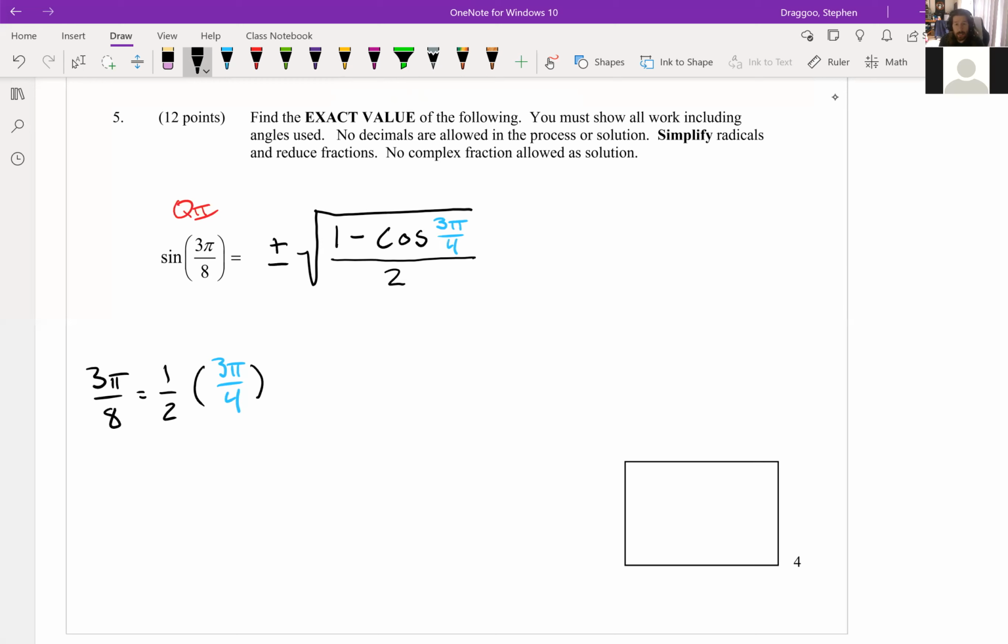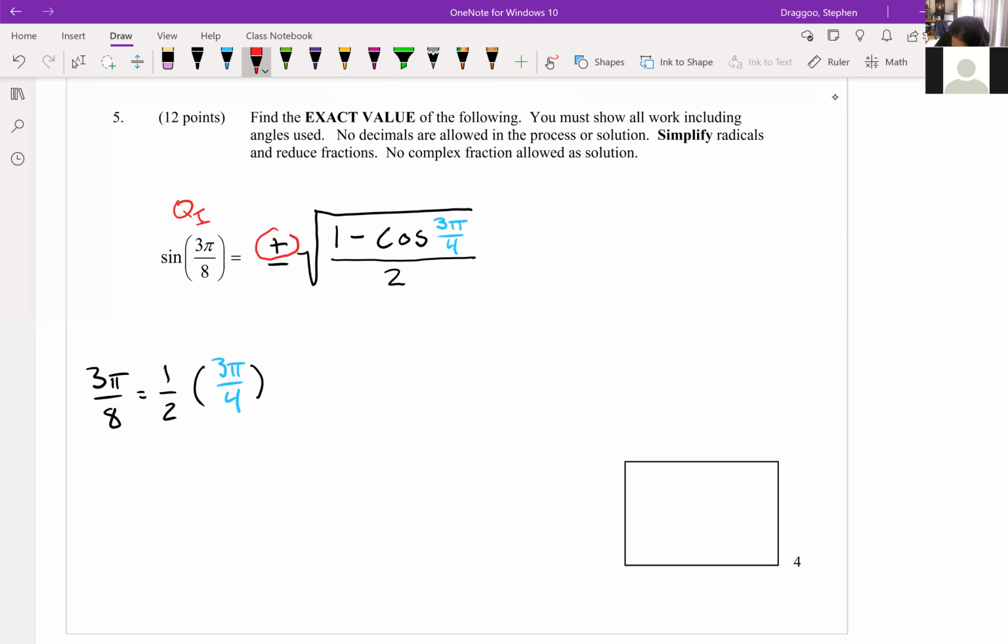Now, we are in the second quadrant because, oh, wait, hold on. Well, that's embarrassing. 3 pi over 8, that's definitely in the first quadrant, not the second quadrant. So quadrant 1. Not that it makes a difference for sine, because quadrant 1 and quadrant 2 are both positive.